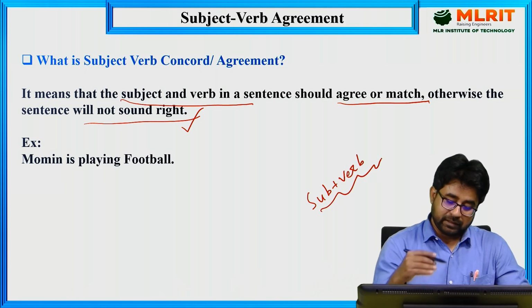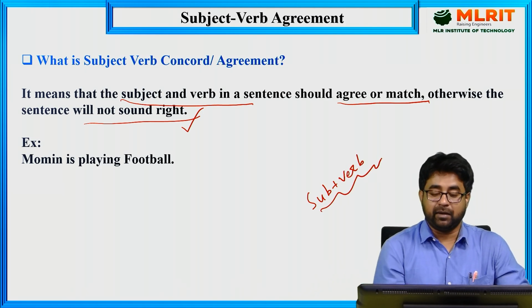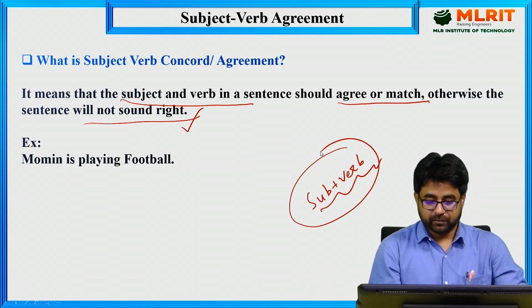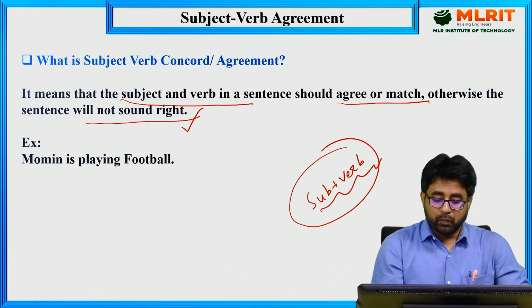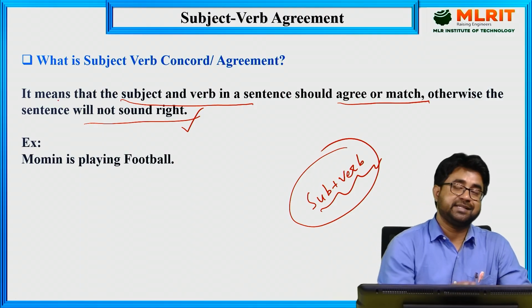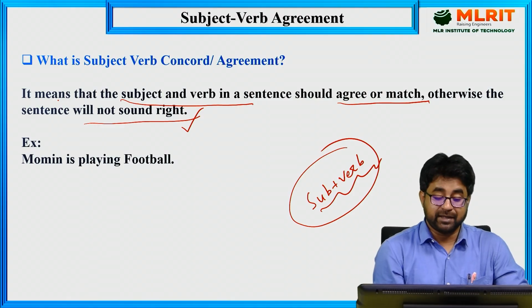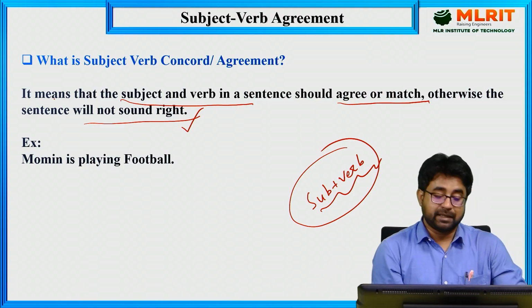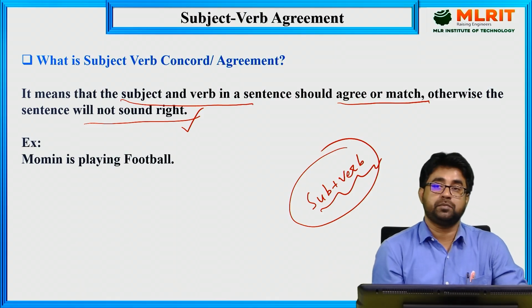There are parameters of that agreement, on what terms they should agree, which we will discuss. But remember for now that they should agree. Which kind of verb you use is decided by the subject of the sentence. One simple example: if you are using a singular subject, your verb also should be singular. It cannot be plural. That is called agreement.